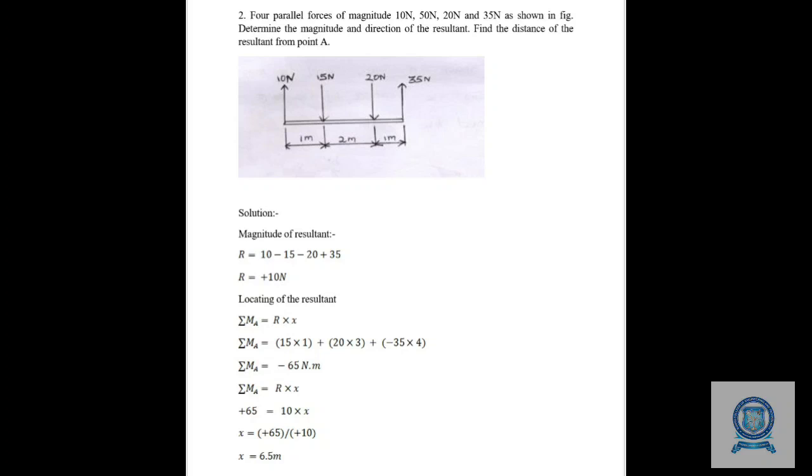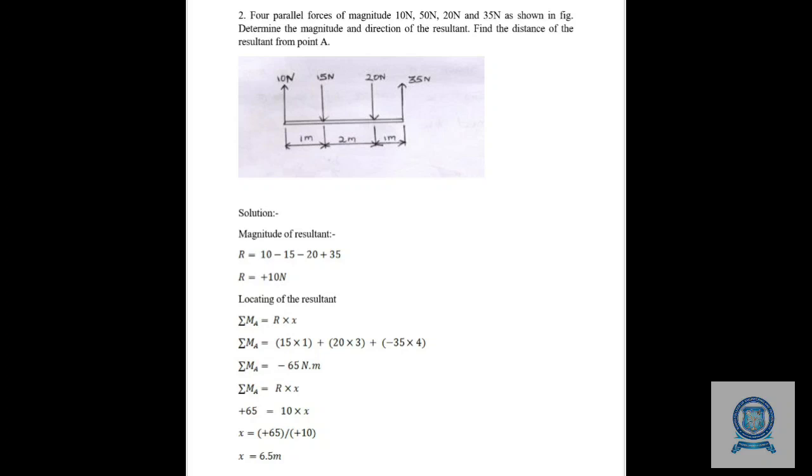The second force acts to the right of point A, downwards, so it becomes clockwise: 15 into 1. The 20 Newton force is also acting to the right of point A, also clockwise, with distance 3 meters, so 20 into 3.